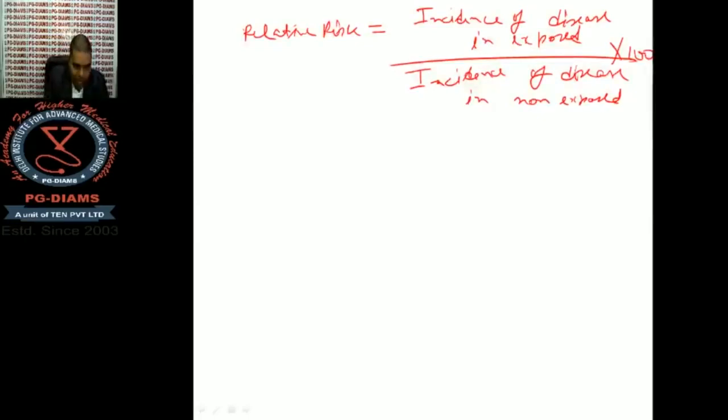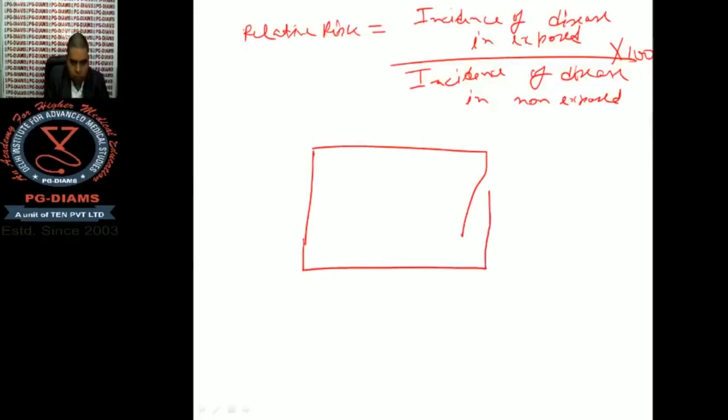Suppose in our example, let's draw this square. You see this a lot while calculating sensitivity, specificity and so on, and you write A, B, C, D in the 4 table.